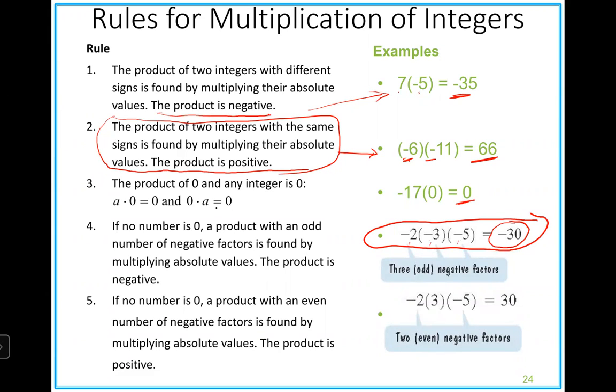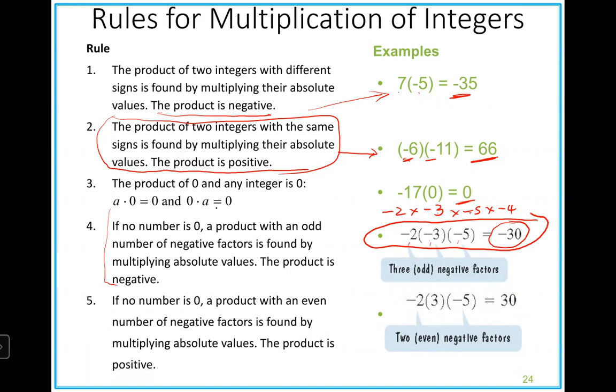But if I'd given you negative 2 times negative 3 times negative 5 times negative 4, you have 1, 2, 3, 4 numbers. The answer would end up being positive because you have an even set of negative numbers to multiply. Okay, so that's number 4.